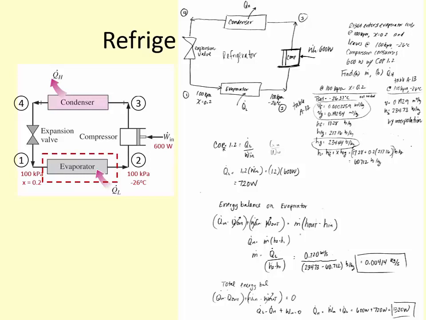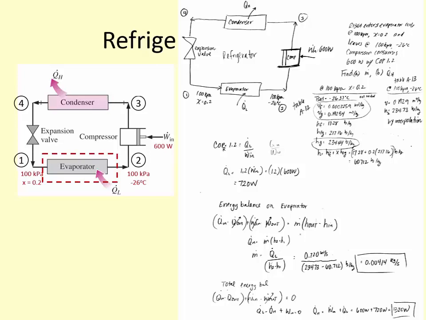Okay, so now we know Q in. We can solve for the mass flow rate, right? So mass flow rate is equal to Q dot in over h out minus h in, or in other words, Q dot L over h2 minus h1.